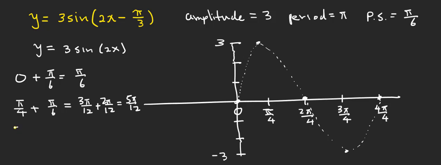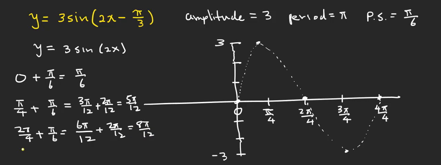And next value is going to be 2 pi over 4 plus pi over 6. Again, common denominator is 12. So this is going to be 6 pi over 12 plus 2 pi over 12, which is 8 pi over 12. And then we need to find 3 pi over 4 plus pi over 6, which is 9 pi over 12 plus 2 pi over 12.